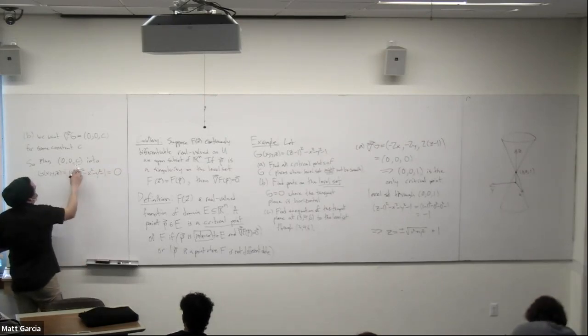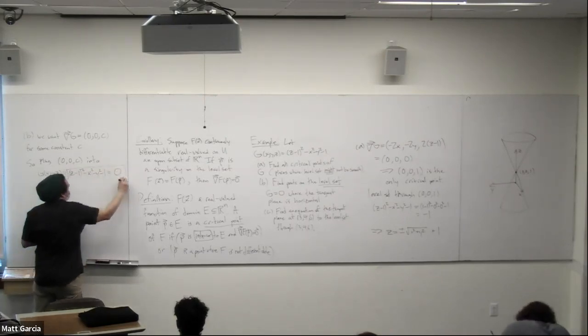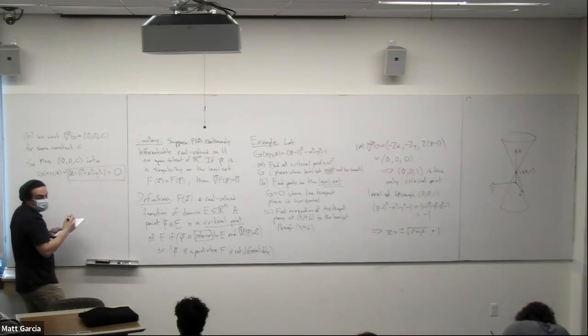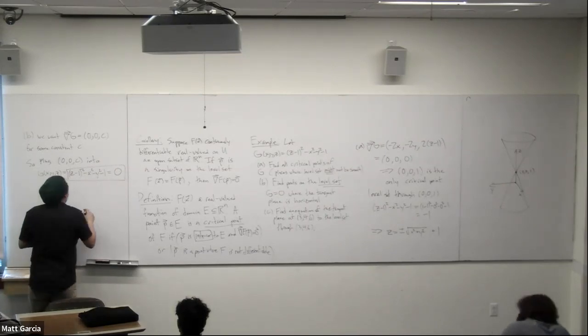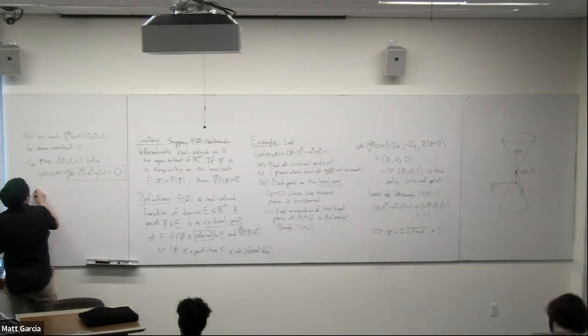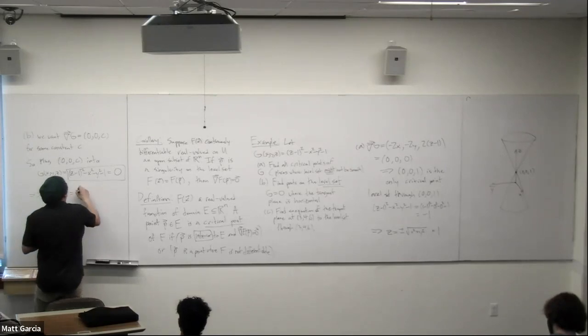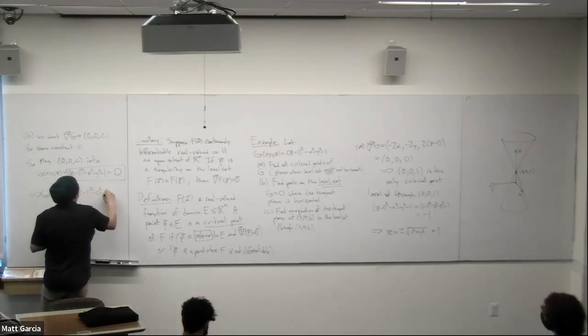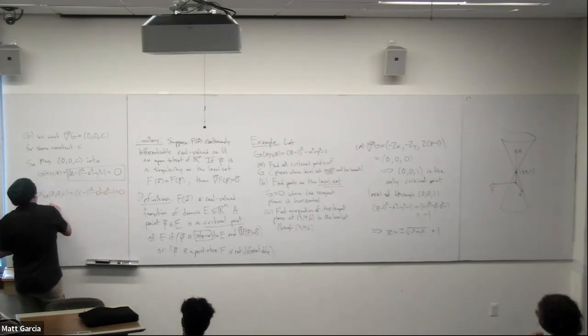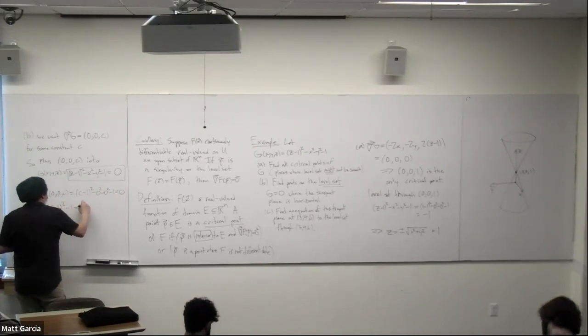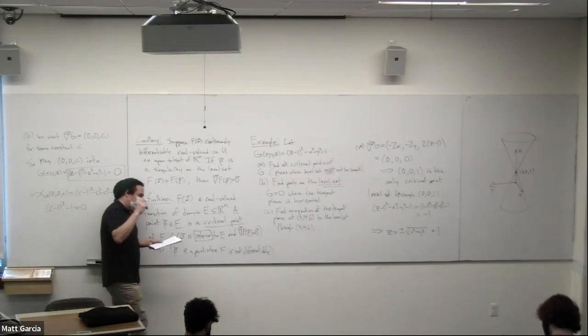We're going to plug this into this equation. This is the equation that defines the level set. Okay. So what do we get? g(0, 0, c) = (c - 1)^2 - 0^2 - 0^2 - 1 equals 0, or (c - 1)^2 - 1 equals 0. Somebody solve this polynomial for me.